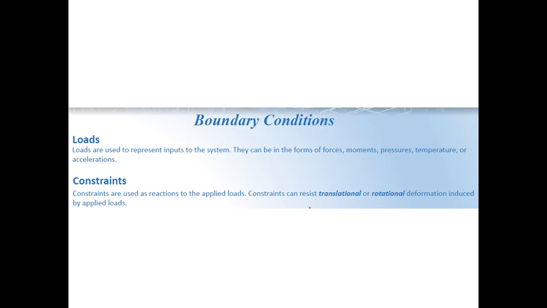The whole table is resting on the pillars, or the legs of the table. So to do the analysis of the table, we have to fix the legs' end part, right? That means we have to constrain the degree of freedom of the legs. Okay, so that is nothing but the constraint.